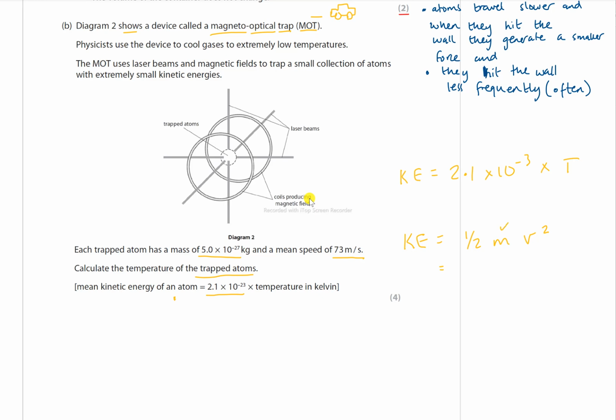They've given us the mass and the speed. So we say a half times 5.0 times 10 to the minus 27, times v squared. V is 73 squared. When you put that into the calculator, you get 1.3 times 10 to the minus 23 joules.